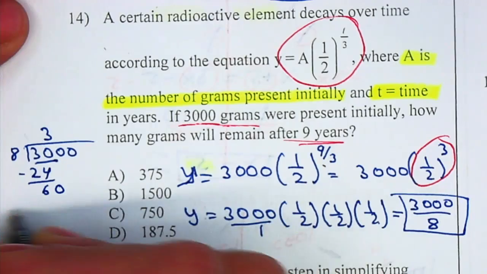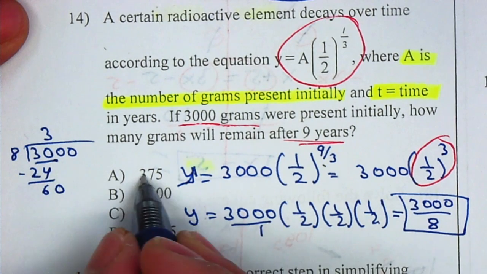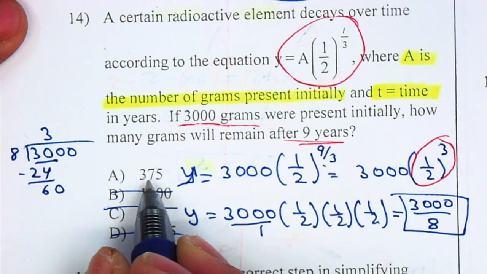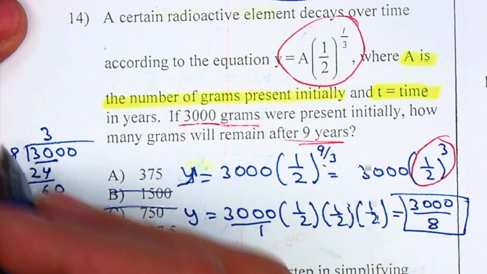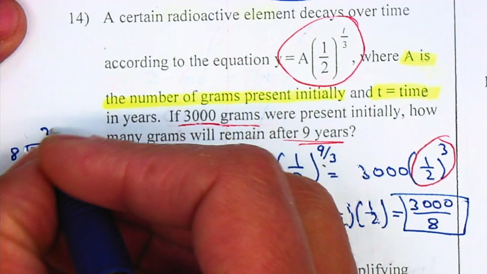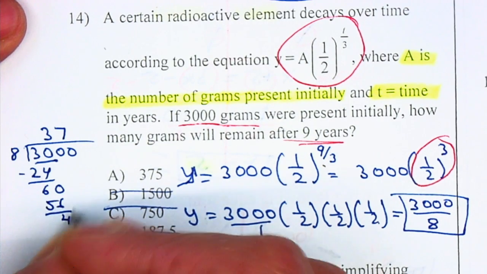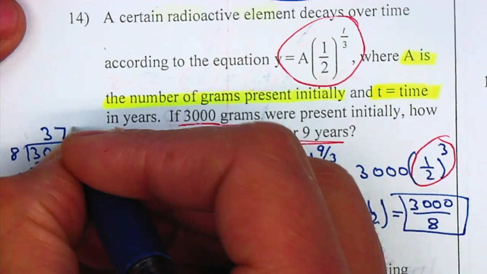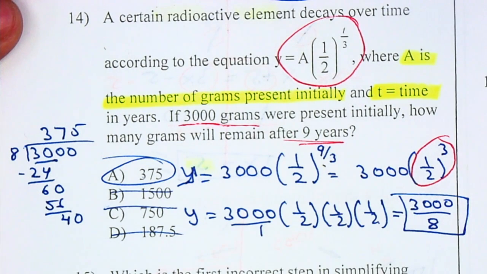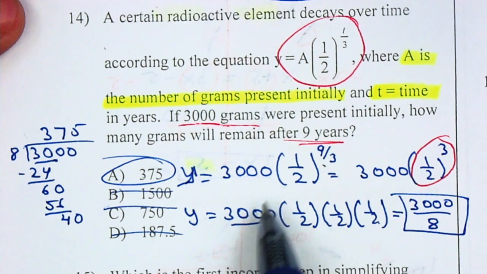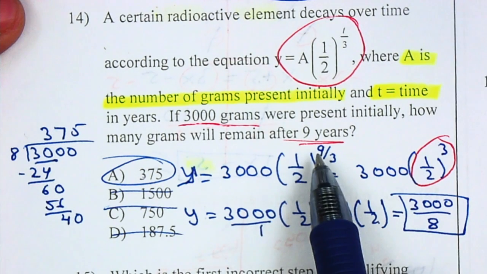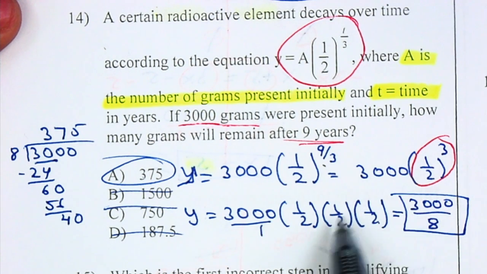Bring down the next number, 0. 8 goes into 60 seven times; 7 times 8 is 56. Bring down the next number. 8 goes into 40 five times. So there you go, 375. It's an easy question if you actually take the time to write your exponents correctly, expand it, and work it out.